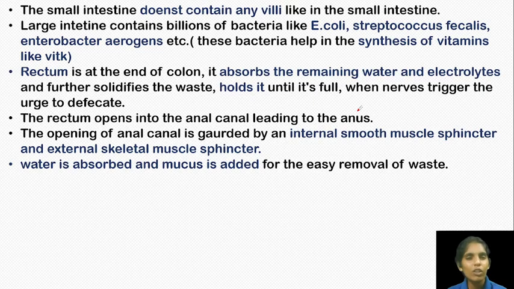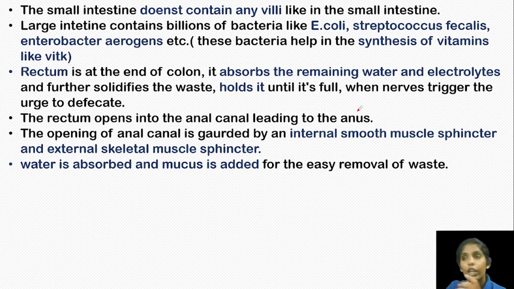What happens in the large intestine is that all the remaining water and electrolytes are absorbed, and it makes the food solidify. If all the water and electrolytes are absorbed from the remaining food in the digestive tract, the food will solidify and become somewhat solid.